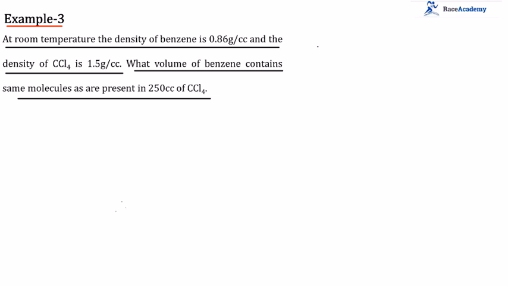First of all, we must understand the relation between density, mass and volume. Density is equal to mass by volume. They have given 250 cc of carbon tetrachloride, which means we can calculate its mass.